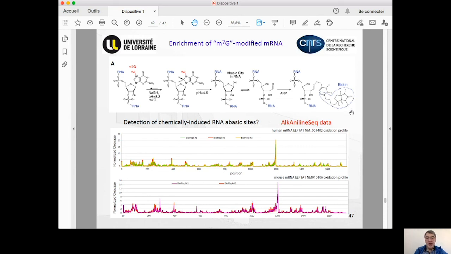So we looked at our data for mRNA and found that indeed we have some signals over background level in human and mouse mRNA, here shown for elongation factor 1. But we believe that these are not enzymatically modified m7G, but probably just abasic RNA sites formed by spontaneous base loss in RNA, because these signals are quite weak compared to enzymatically formed m7G.